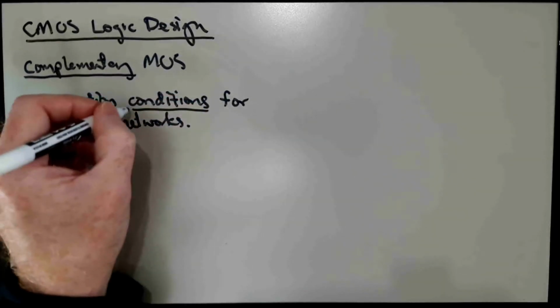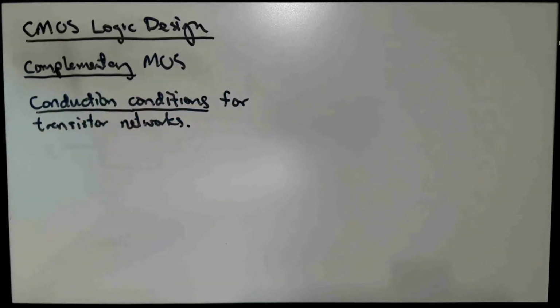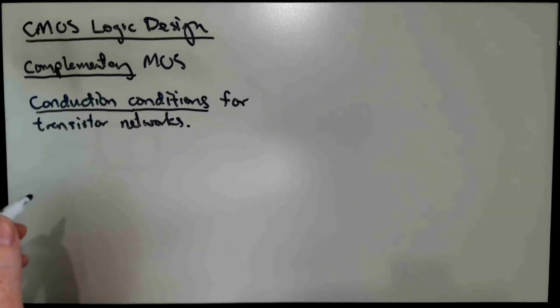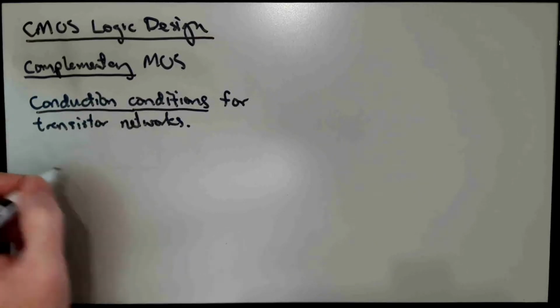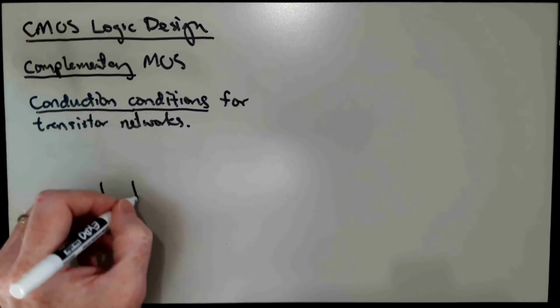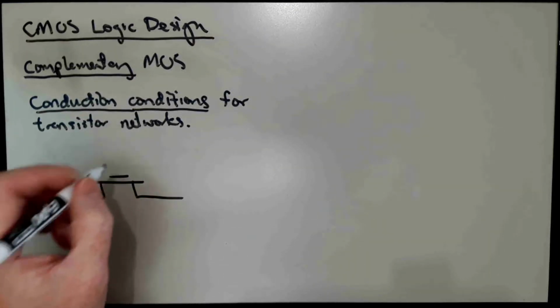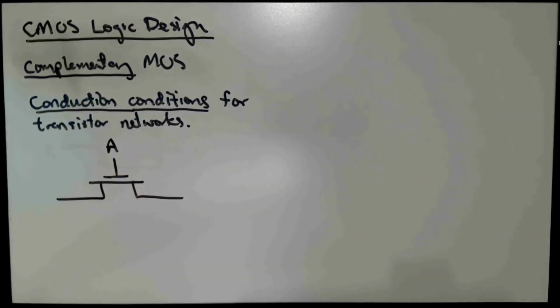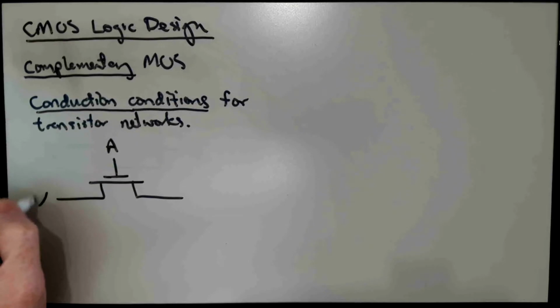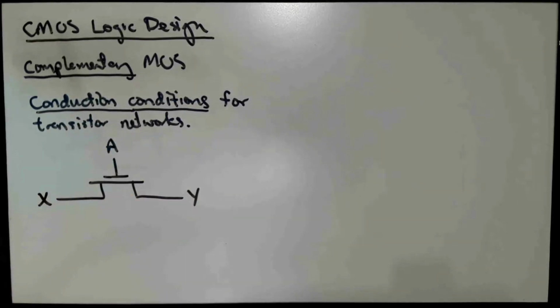Okay, these are Boolean conditions under which a network of transistors connects the two ends of the network. So suppose we have a single NMOS transistor. That's our network. We've got some Boolean signal A into the gate, and we have X and Y on either side.